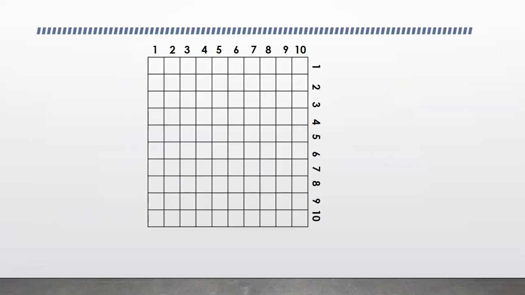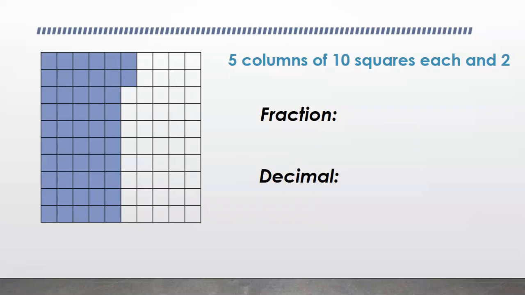Okay. If I have a sheet of 100 squares, then our denominator here will be, who is awake with me? Yes, it will be 100. Bravo. Let's start. If I have a sheet of 100 squares and I shade 5 columns of 10 squares each and 2 squares, then I shade 5 columns.